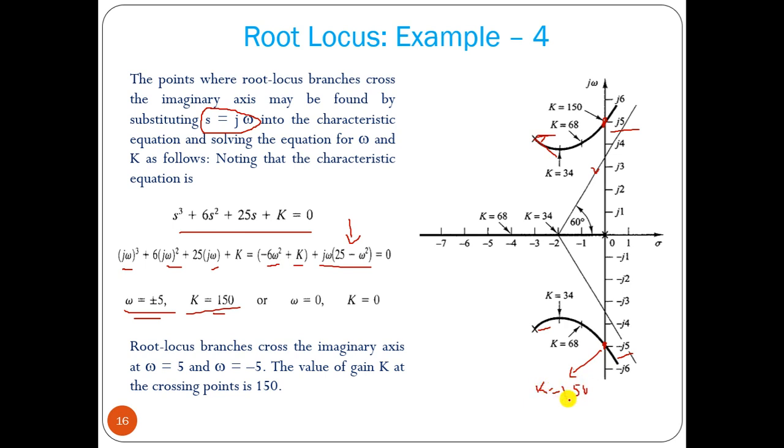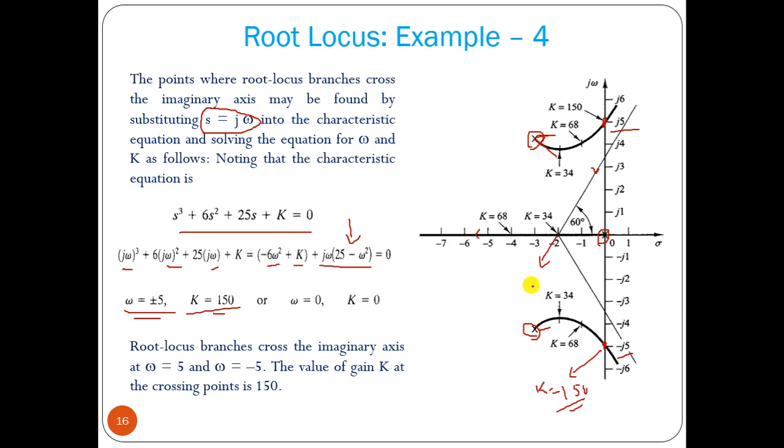So that is the plot. At minus 2 we have a pole here, and we have a complex pole. This is your centroid. We have 3 asymptotes. This pole approaches infinity along this line.